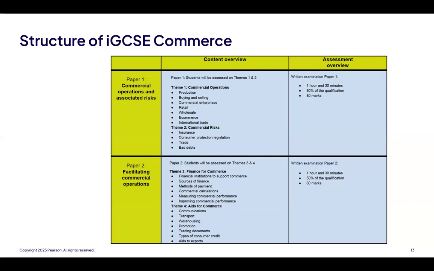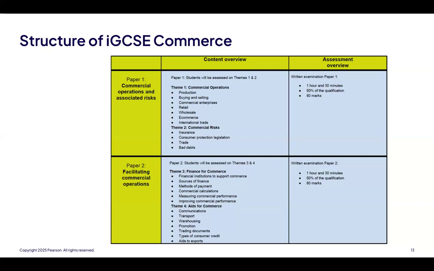So what content is covered? And again, a lot more detail in the specification on this. Theme 1, commercial operations. So an introduction to what is meant by commerce, buying and selling, commercial enterprises, retail enterprise, e-commerce is a relatively new element of this specification. Before we move into commercial risks, covering insurance, consumer protection legislation, trade, bad debts, and so on. So paper 1. Paper 2 gets into the how are commercial operations facilitated.